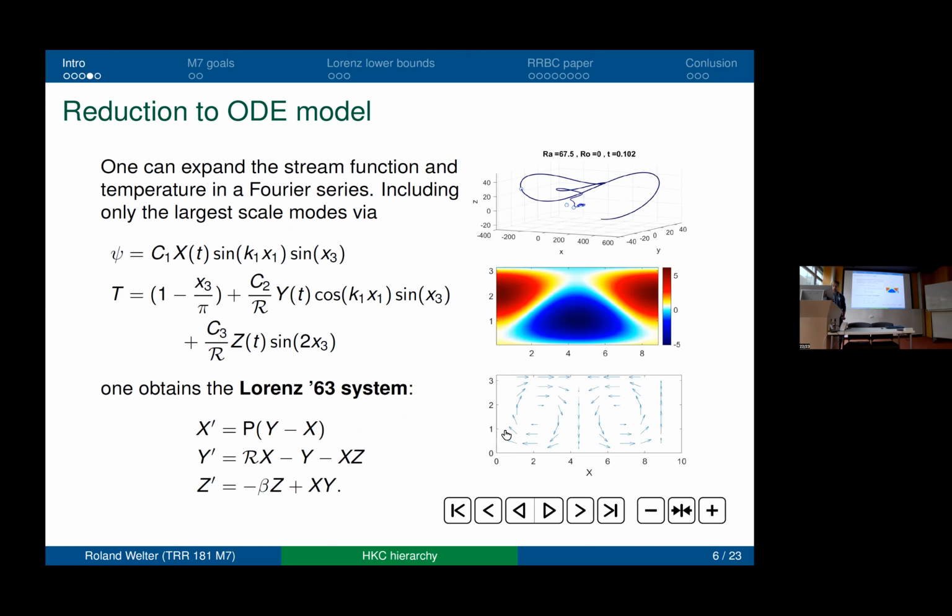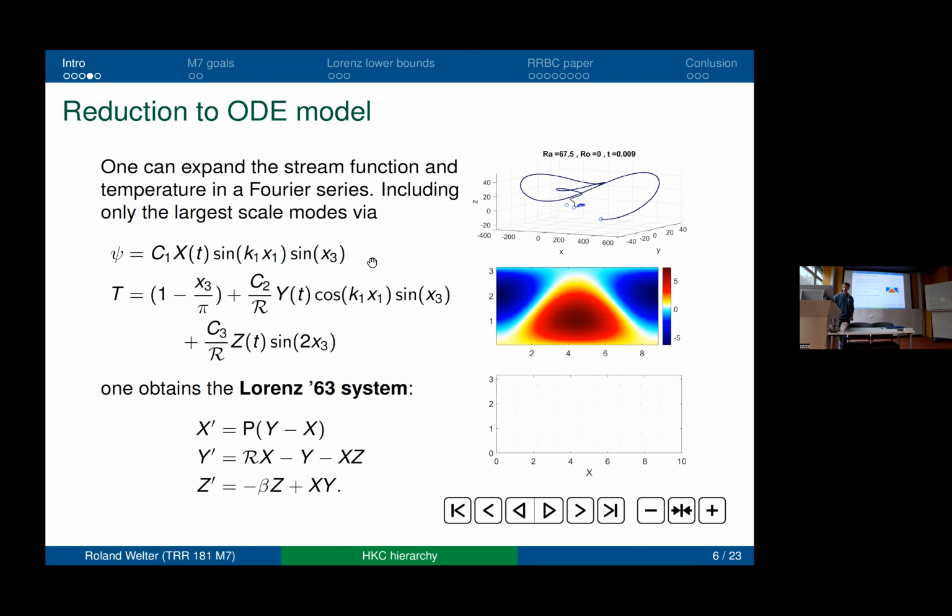Okay, so we also need to convert this problem into a computational problem via some discretization. So usually people discretize via finite element methods, but the discretization that I'm focusing on has been this spectral method, where you reduce the system to an ODE model by expanding in a Fourier series and looking at what are the ODEs solved by the Fourier coefficients.